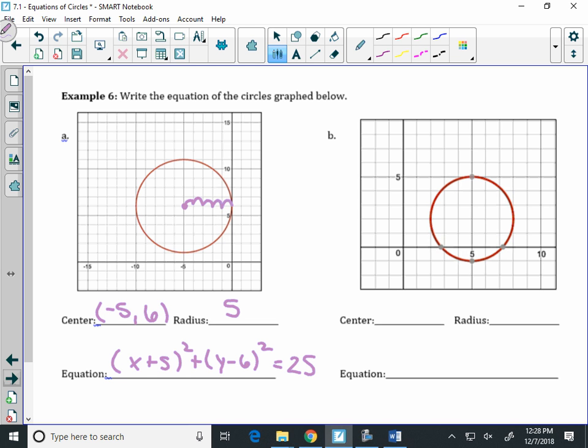With B, were they nice and gave us what the center was? No. And we have to have the center in order to write the equation. So this is just not possible. Okay? We can use some math and some counting to figure out what our center is.